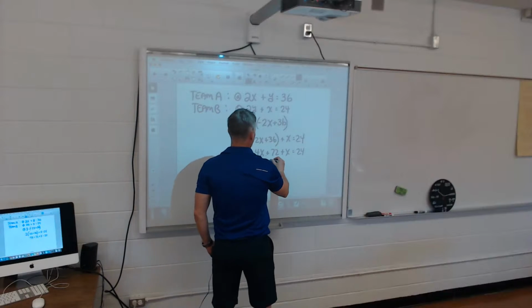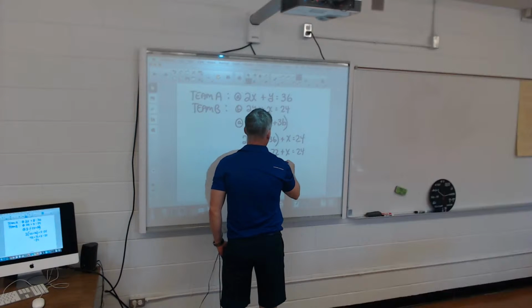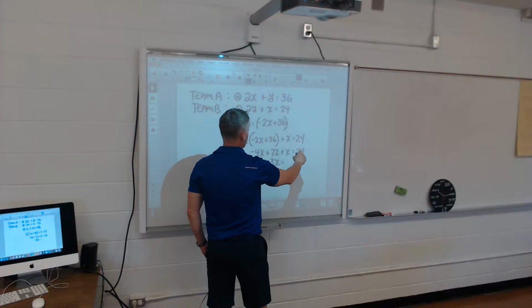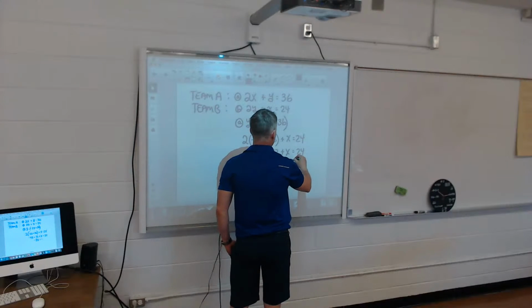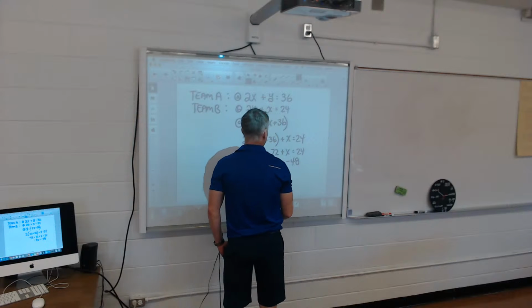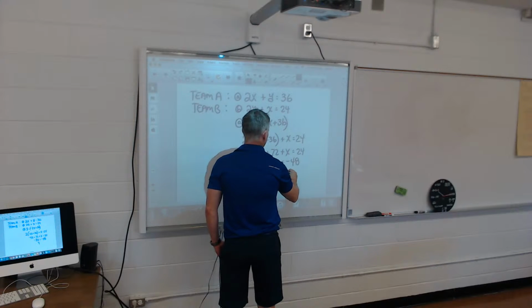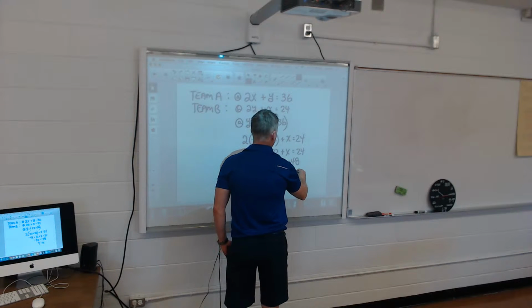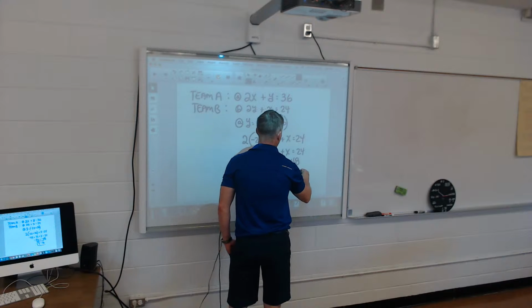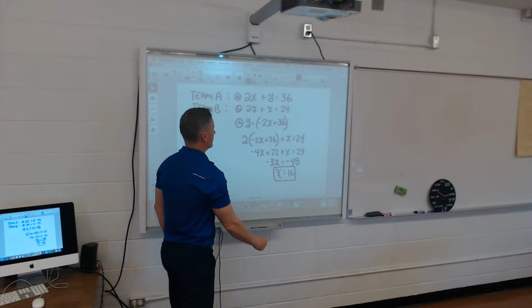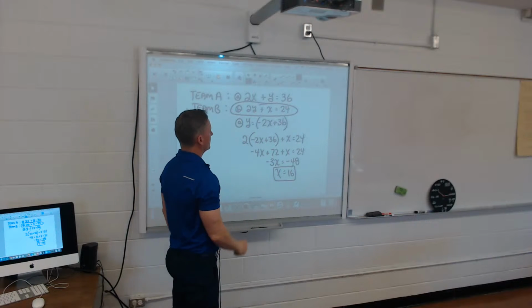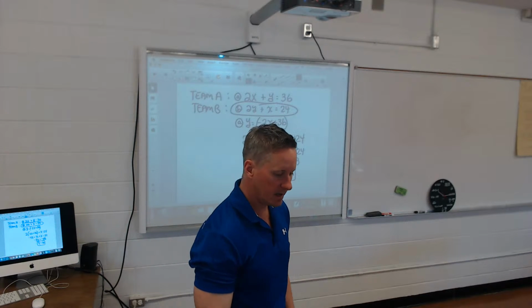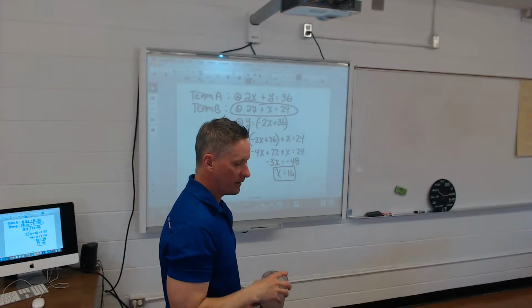So that's going to give me minus 3x equals, so I put the minus over to that side, so 72 subtract 24 is 48. X is equal to 16. There it is. Excellent work right here. 2y plus x equals 24.